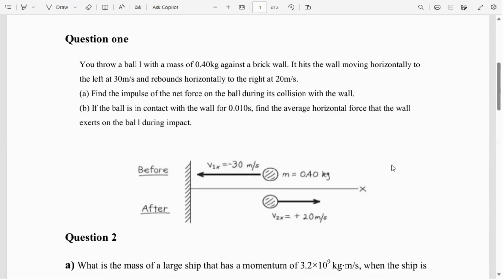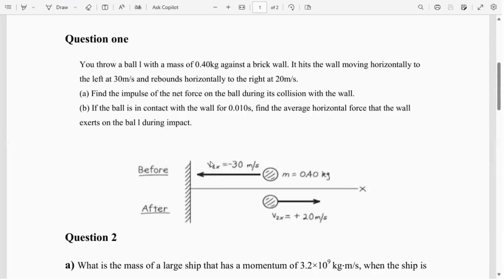Okay, so we've been given a diagram for the whole scenario. The top part indicates the time you are throwing your ball of mass 0.4 kilograms to the left. Since this is dealing with momentum, forces and velocity, and velocity is a vector, we have to indicate the directions clearly.